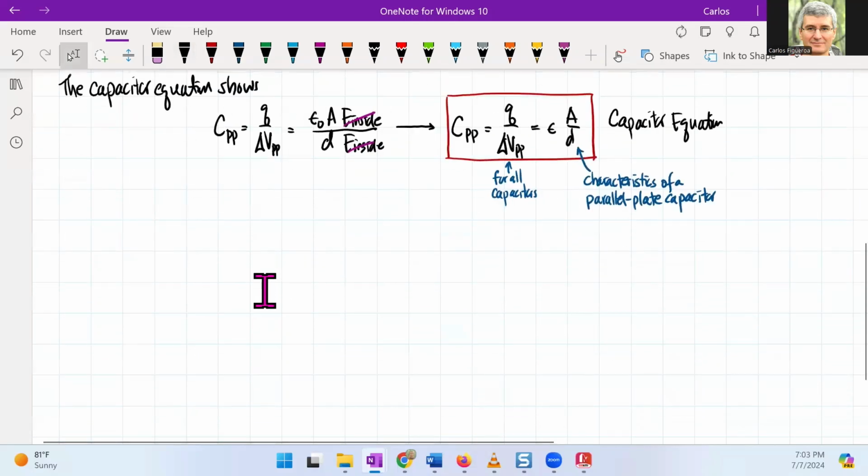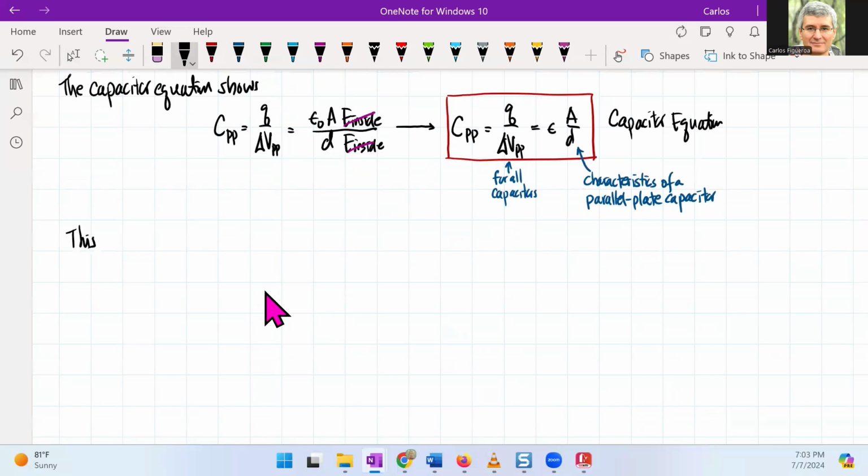So what I would say is that this is the most important equation for the parallel plate capacitor.